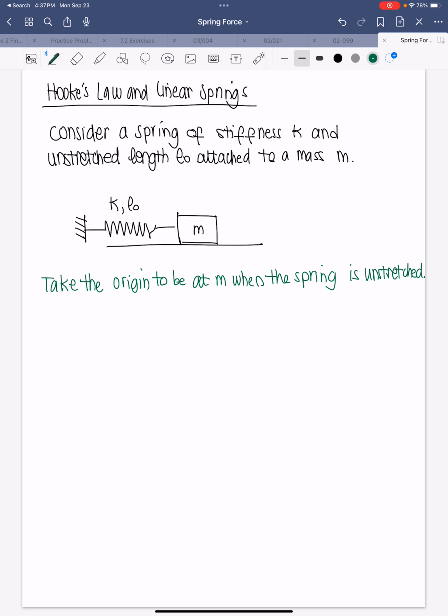So we're gonna take the origin, so this is the spring.